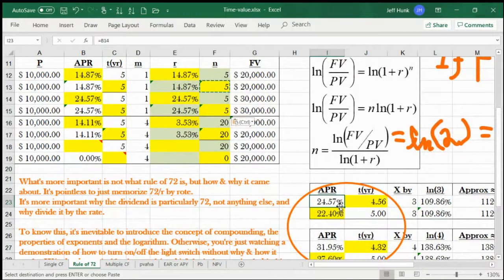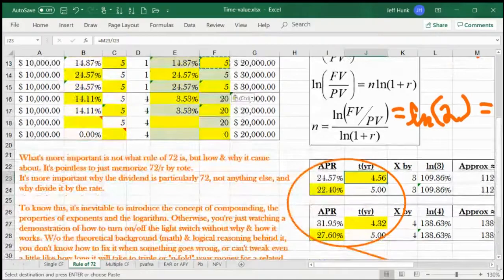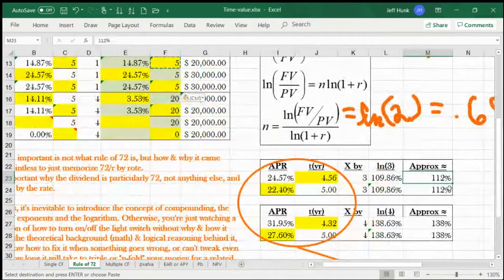So if you know the rate and find years using the approximation of natural log of 3, then it becomes only like this. And if you have a timeline of 5 years and divide 112 by this, then APR becomes very unreliable. I mean, inaccurate. Also, even quadrupling your money.